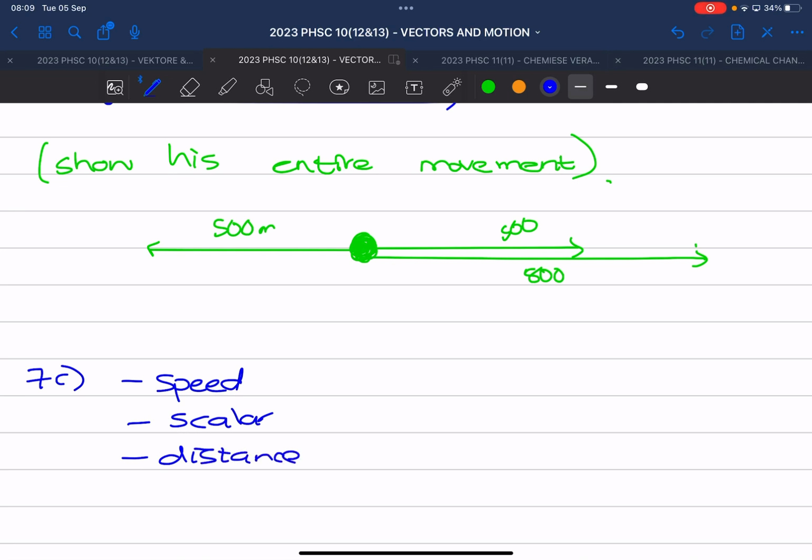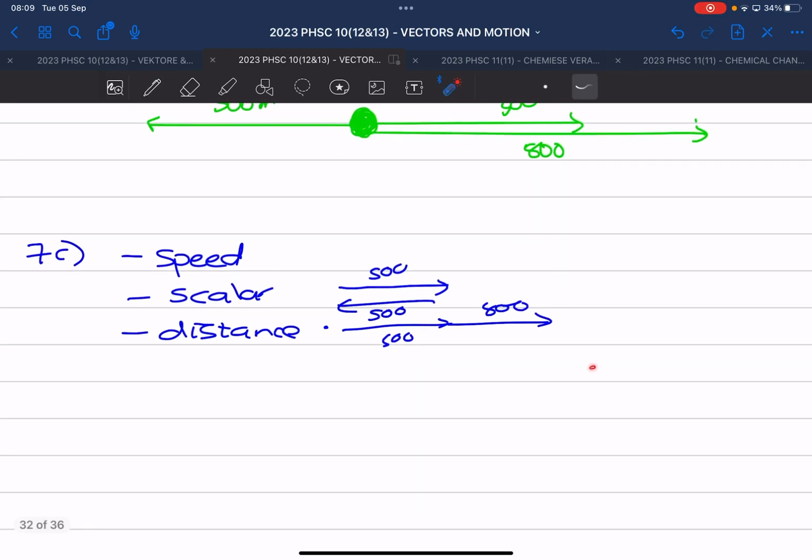The distance that he traveled from school is, he traveled 500, then 500, then 500, and then 800. So what's the total distance that he traveled? 2,300 meters. 1,000 plus 1,300 gives you 2,300.